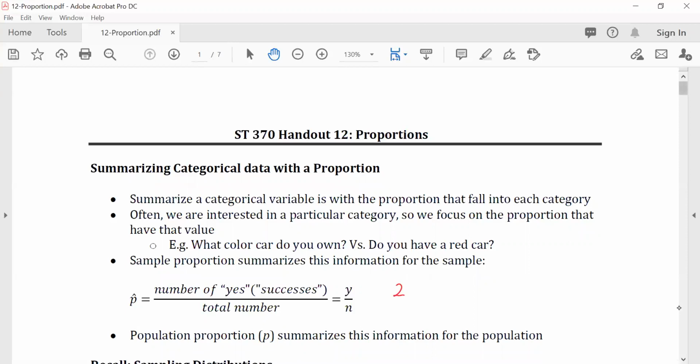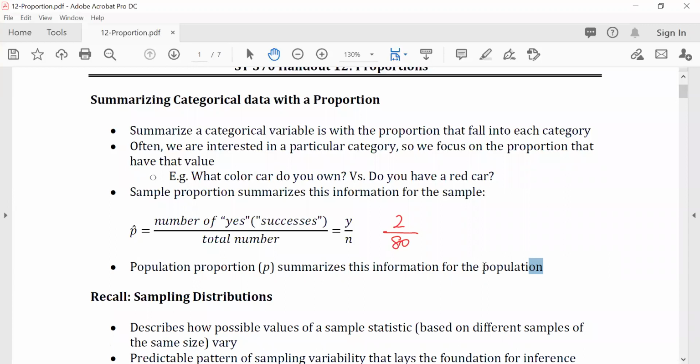We did this before. The word was upside down. The total number is, let's say, 80. So the number of yes divided by the total number is the sample proportion. We use P with a hat to denote the sample proportion. We use P to denote the population proportion.